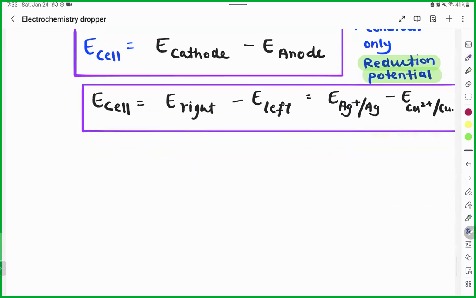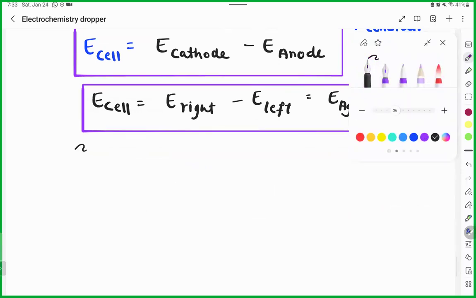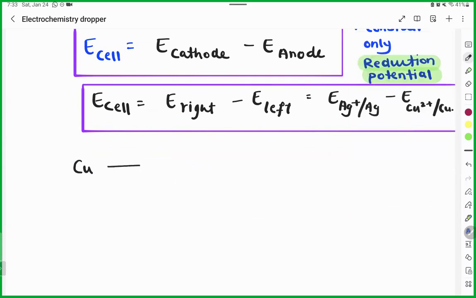Example: for copper, when copper converts into copper 2 positive, is this oxidation or reduction? Oxidation. And the oxidation potential value of copper is minus 0.34 volt.